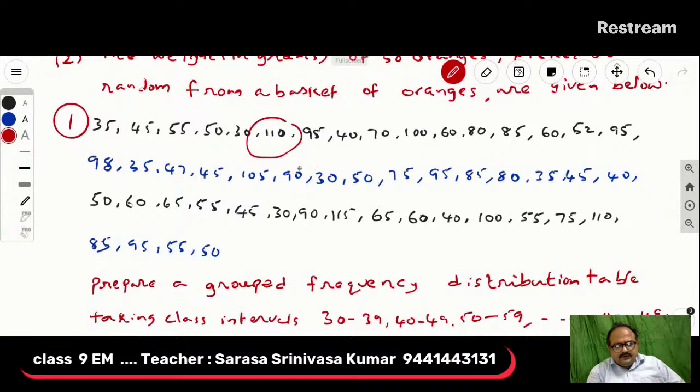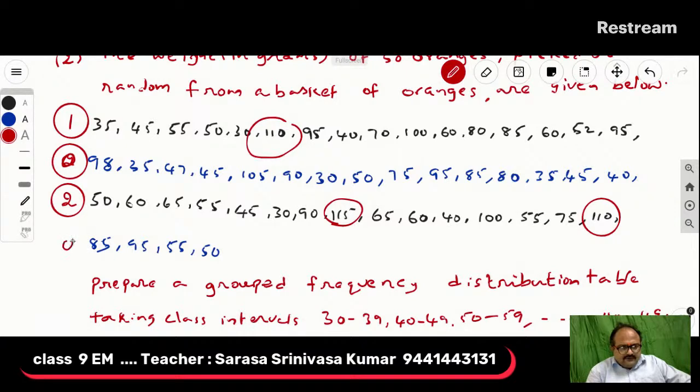Next, in the second row, there are no oranges in this class interval, so 0. Next, 115 and 110. So how many oranges are there in this row? 2 oranges are there in this row having the weight from 110 to 119.